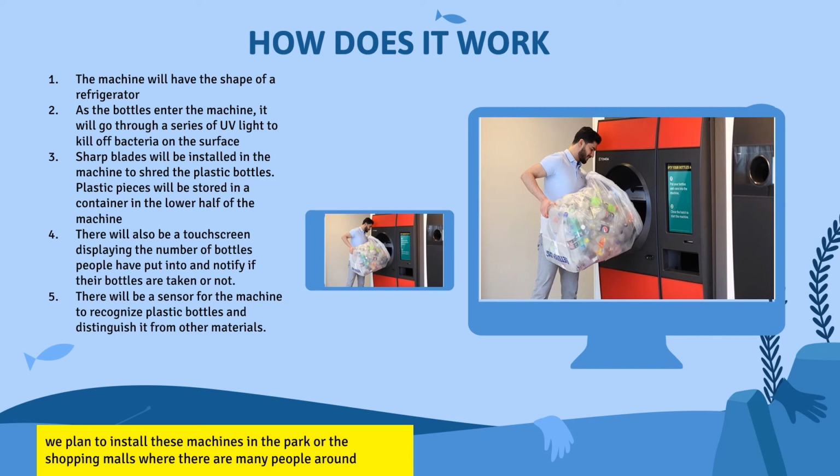There will also be a sensor so that the machine can recognize plastic bottles in order to reject things made from different materials. We are planning to install the machine at crowded places such as shopping malls or parks where there are many people around, or also around the corners of many big streets.